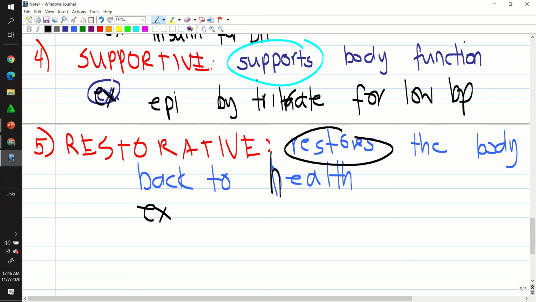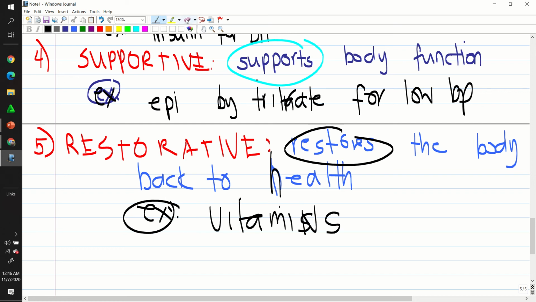What is a good example? Supplements, vitamins. They are restorative in nature. So that is about the therapeutic action of drugs, which includes curative, palliative, substitutive, supportive, and restorative.